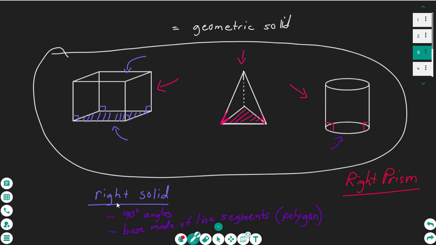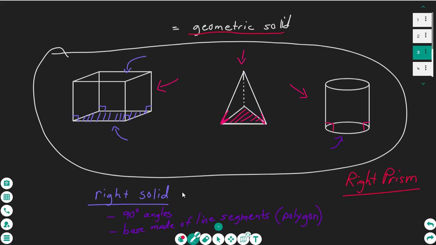All right, so keep those two in mind. You've got your right solid and you've got your right prism. One's circular, one's made up of line segments, polygons, as their bases. And then you've got this shape here, which is neither one. It's not a right solid, and it's not a right prism, but it is a geometric solid.